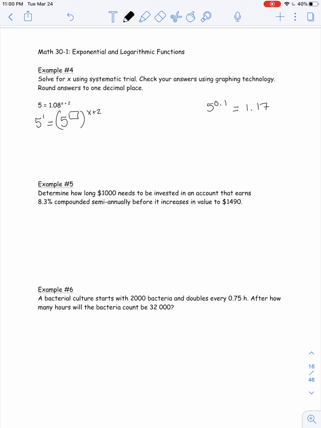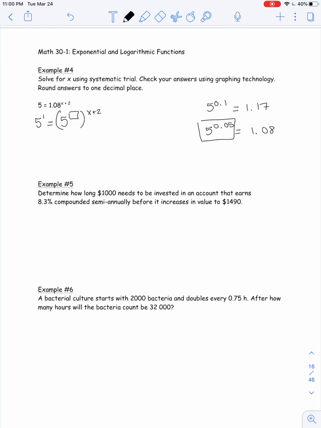It's close to 1.08, but it's not there yet. So I keep going lower and lower. So what I did next was I did 5 to the power of 0.05. I took less than 0.1 and I plugged that in as the power, and I got 1.08. So that's actually really good.